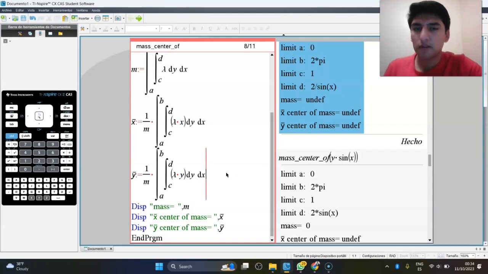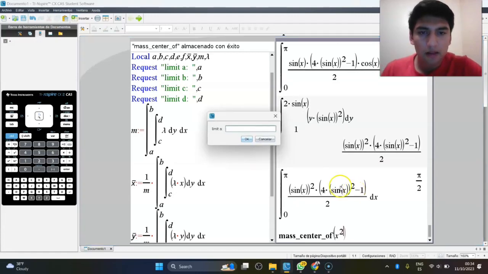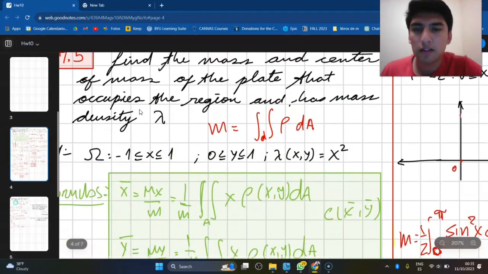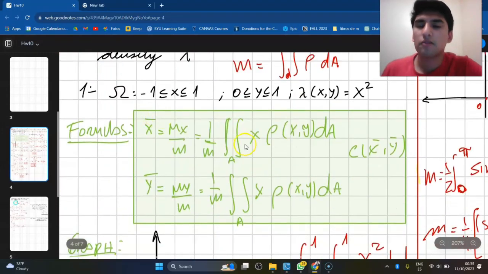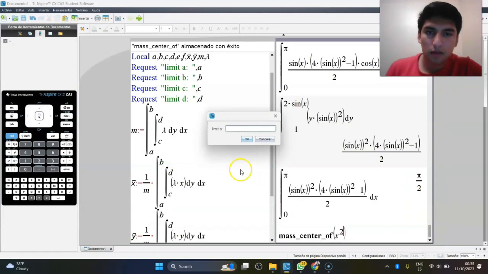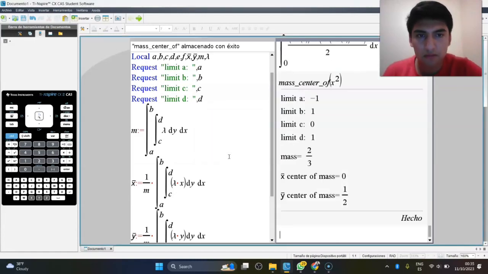Let's try Control R, and then I'm going to enter x squared. It's going to ask for my limits, which are from -1 to 1 and from 0 to 1.